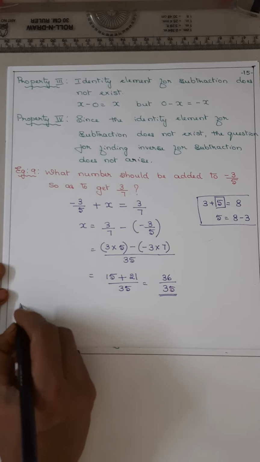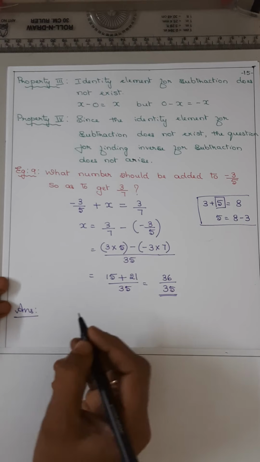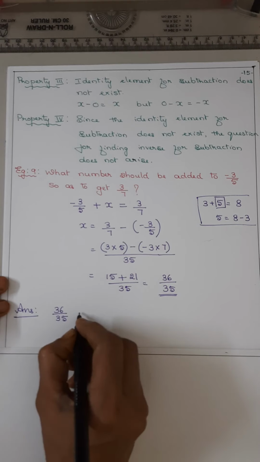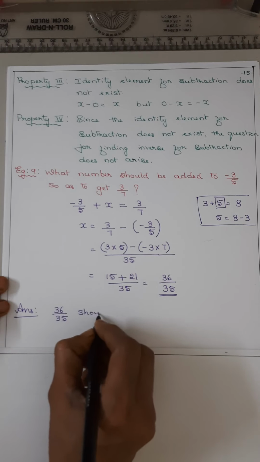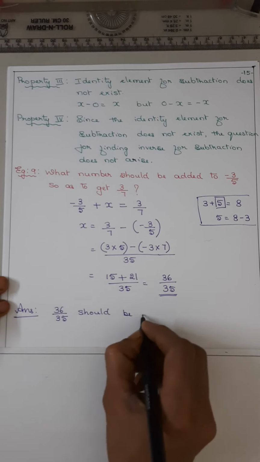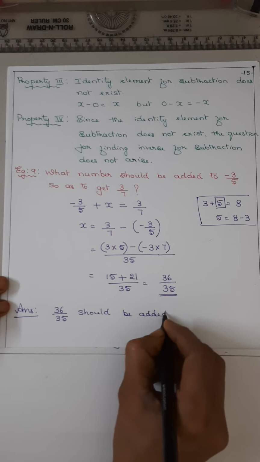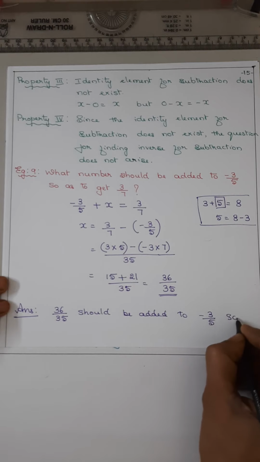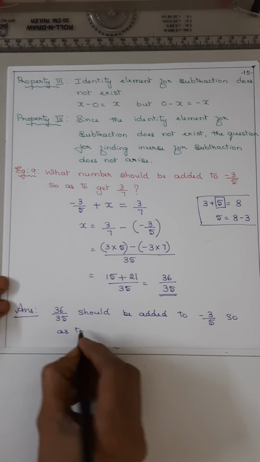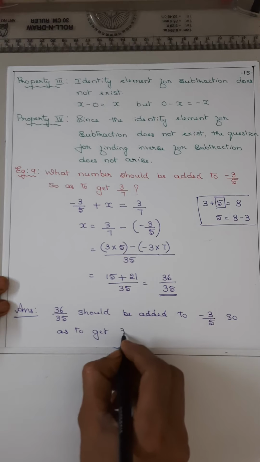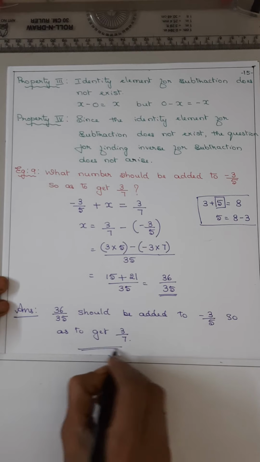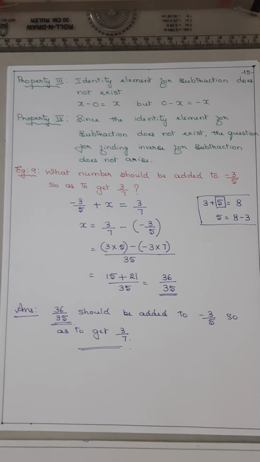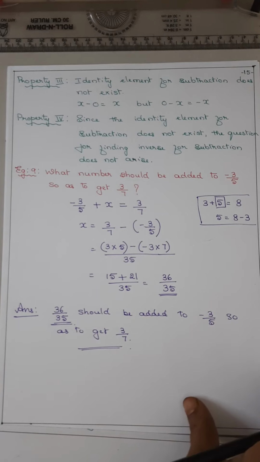So, 36 by 35 should be added to minus 3 by 5 so as to get 3/7. This is the answer. Is it clear?